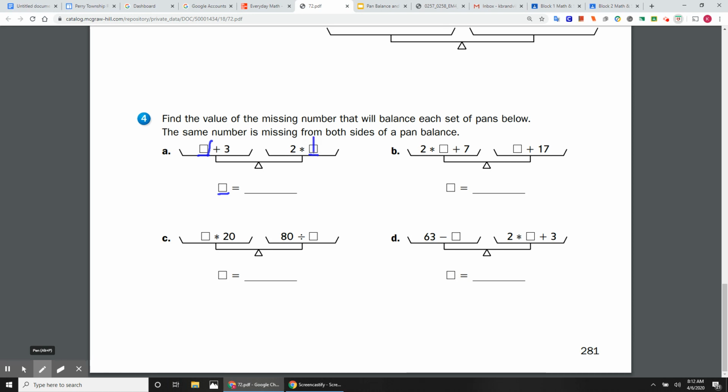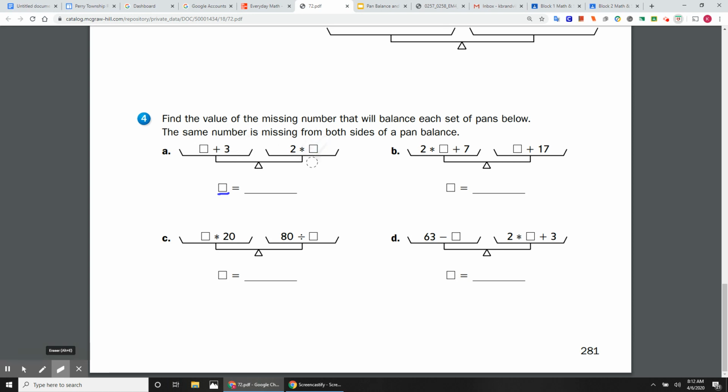So here, 1 plus 3 equals 4. 2 times 1 equals 2. So those are not balanced. So I'm going to do plug and chug or guess and check. So let's try 2. Here we have 2 plus 3 equals 5, and 2 times 2 equals 4. So that would not be equal.